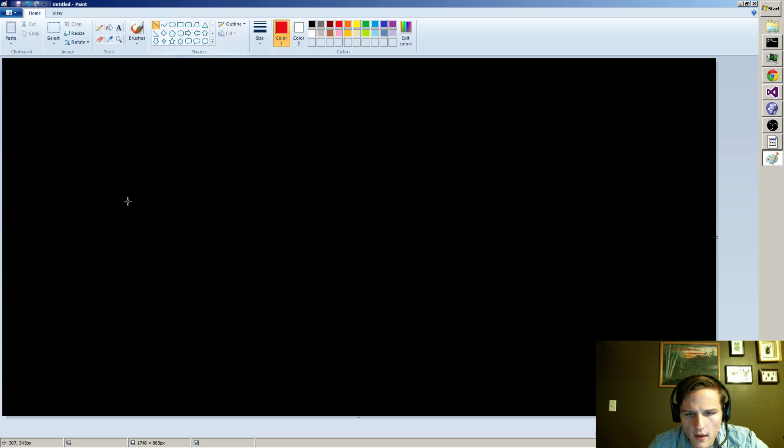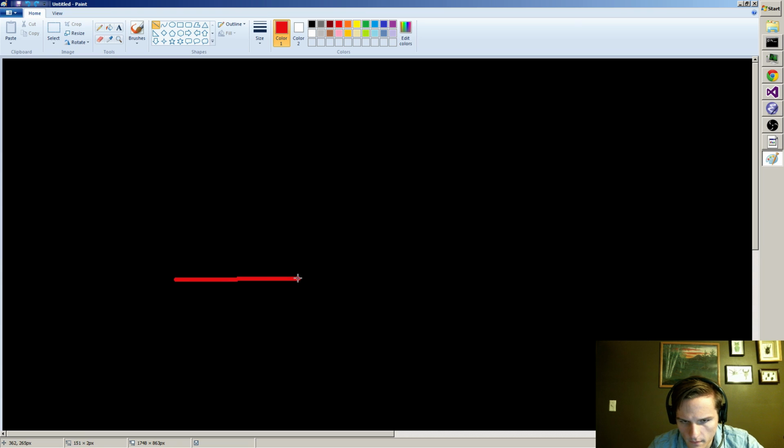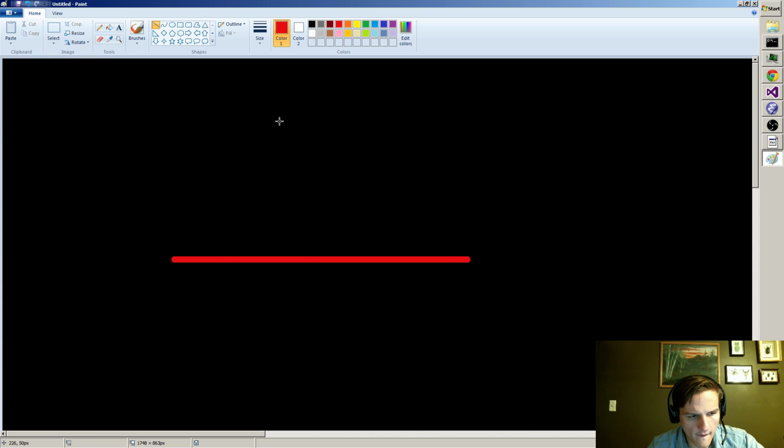Alright, so what we have is a base that looks sort of like this. I need to zoom in. The base looks like this, and then we have 4 legs that look like this.